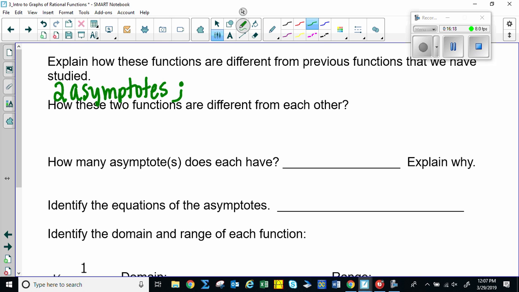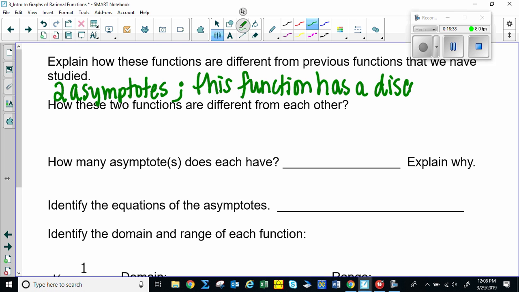We had to pick up our pencil to draw the entire graph. Every single function we studied before today, we never had to pick up our pencil. So this function has a discontinuity. All right, you can say it's not continuous, but has a discontinuity.